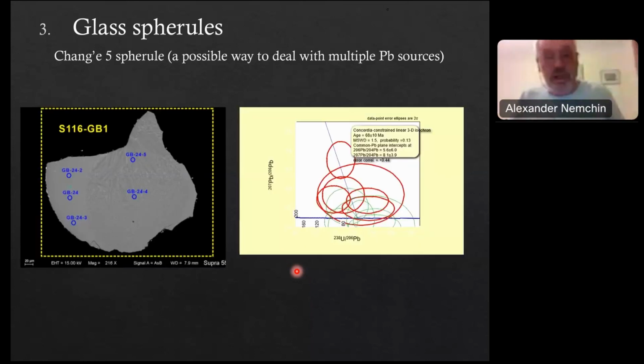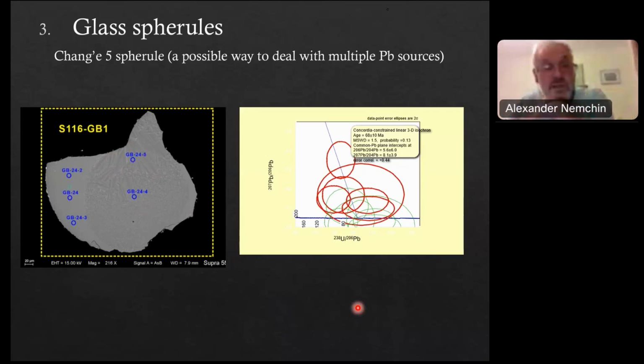Okay, just to finish, one single point on the problem of correcting for initial lead. We started to think about an approach that is more time consuming, but nevertheless, maybe it will work. And we found it by accident. There was this one single chunky glass piece that looked potentially picritic in composition, and texturally, there is some recrystallization here.